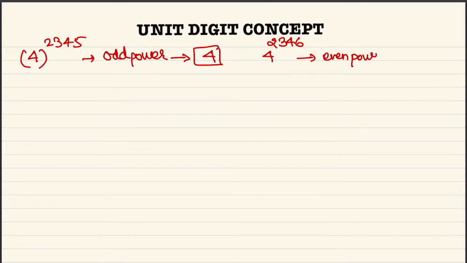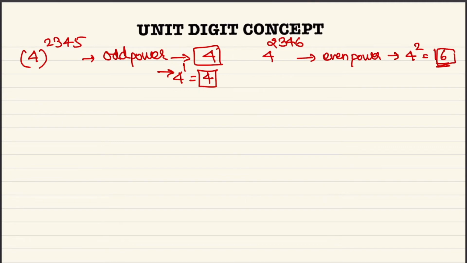So for even power, my answer will be 4 raised to power 2, which is 16, this is 6. And here I can explain that 4 raised to power 1, which is odd, the answer will be 4, and 4 squared is 16, so the answer will be 6. So for 4 raised to any even power, the answer will always be 6. For 4 raised to any odd power, the answer will always be 4.